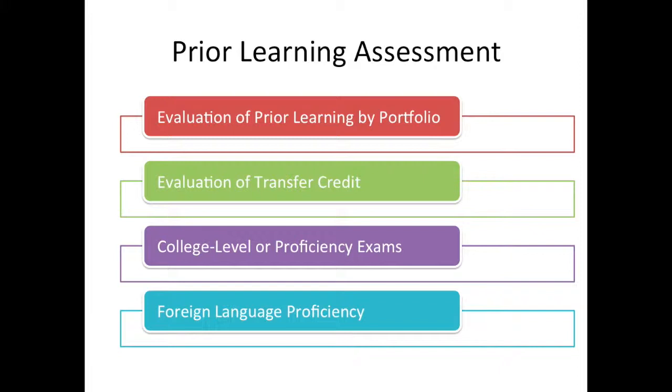And there are also foreign language proficiency exams, which you can take to get credit for prior learning. You can always talk with Eileen Capone about that and how to set that up. If you need further information, you can always email me and we can discuss how you want to do that.